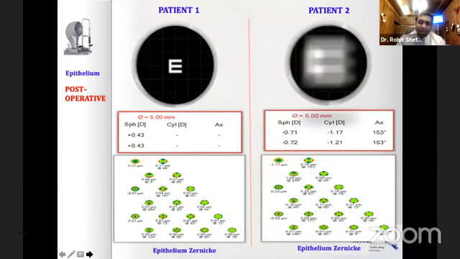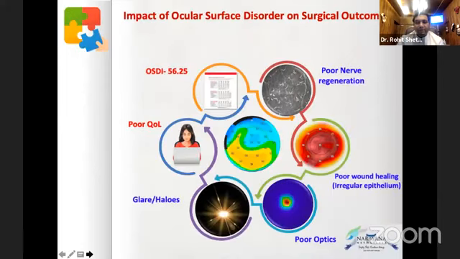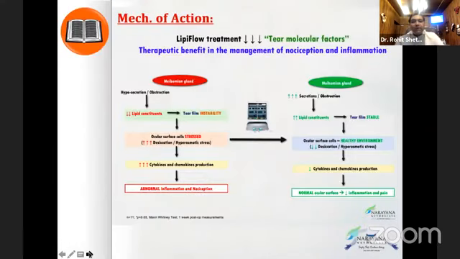And when it beats the purpose, you end up having a poor quality of vision and an unhappy patient. So all these things can impact the quality of vision in many big ways. So how does thermal vector pulsation therapy, like LipiFlow, work in these patients?